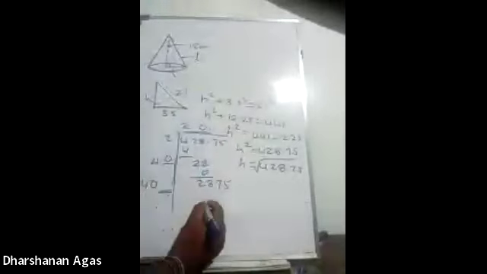Substitute 7 and check: 407 into 7. 7 into 7, 49; 7 into 4, 28. Yes, it is fitting. If it were more than this value, you would use 6 here and also 6.